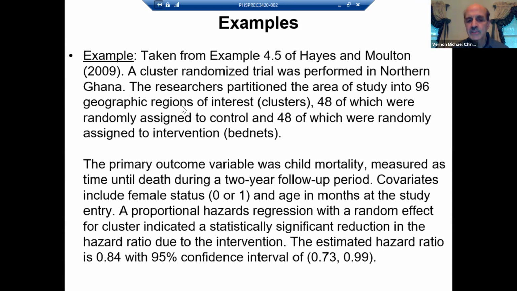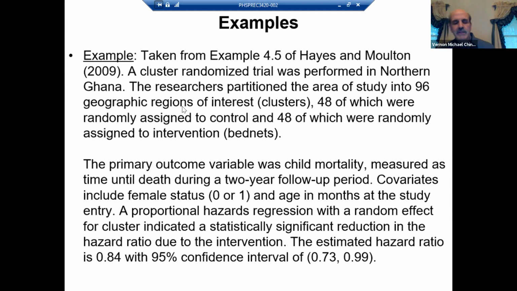The intervention was the use of bed netting for children when they were asleep. The primary outcome variable was child mortality, measured as time until death during a 2-year follow-up period. They adjusted for some covariates, female status and age in months at study enrollment.